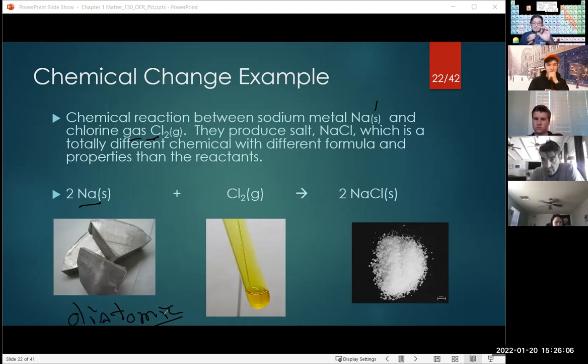By themselves, they don't exist very well. They're not very stable. They have to exist with another atom of itself. Hence, you have a subscript, Cl2. And we'll have more to say about that. And we're going to know that chlorine is a gas, hence (g).